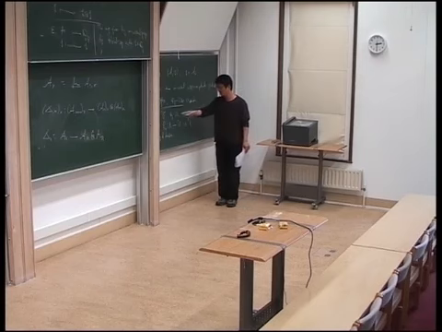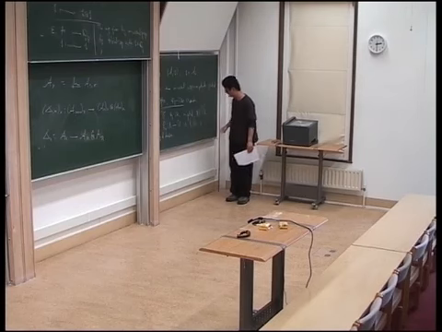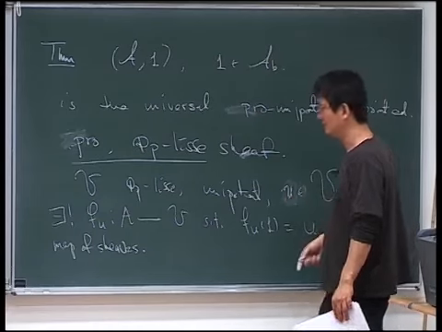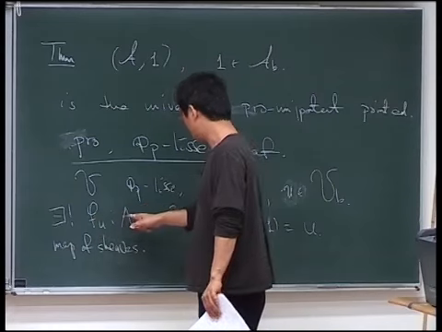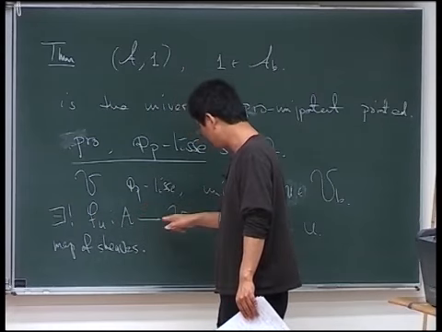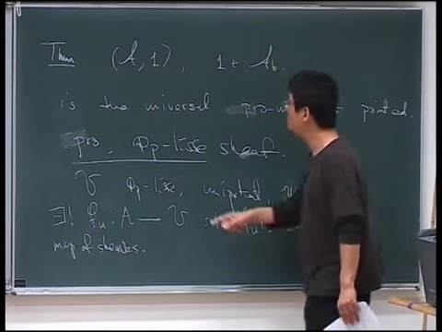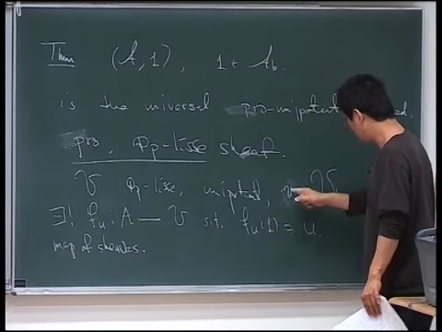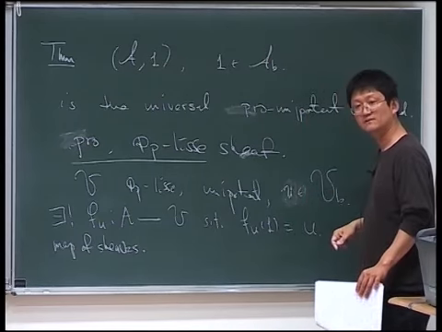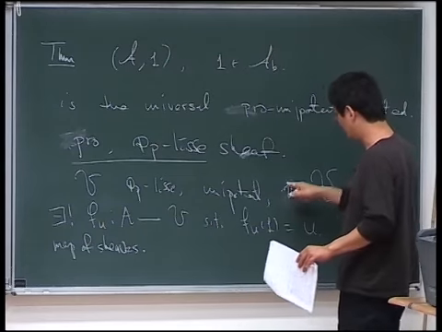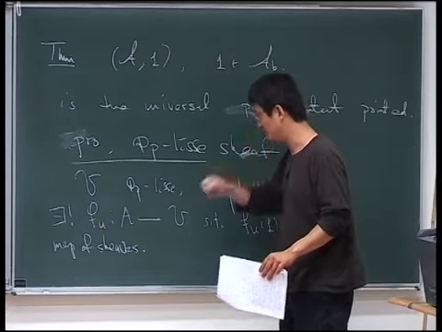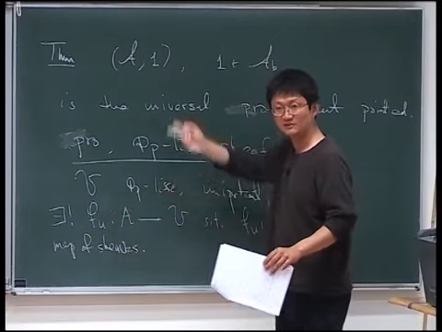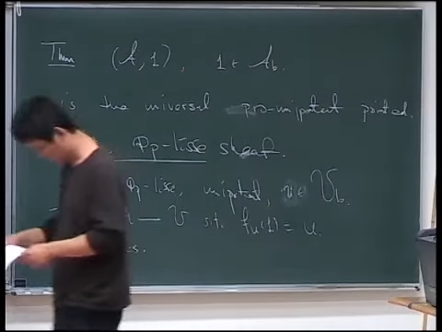Given any locally constant Q_p sheaf, which is unipotent, and given any choice of a vector inside the stalk at b, there exists a unique sheaf-theoretic map from A to V that takes your chosen element inside the stalk of A at b to this other element you chose for V. Remember, the choice of this vector is what gives the unique map. If you don't want uniqueness, of course, you don't need to choose the vector.